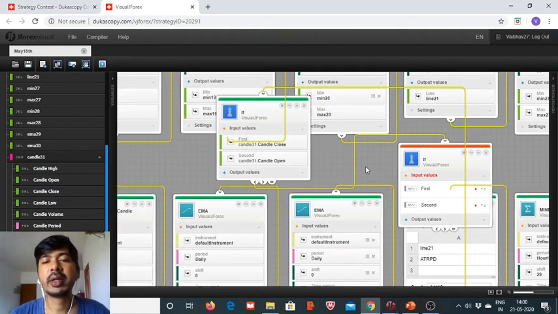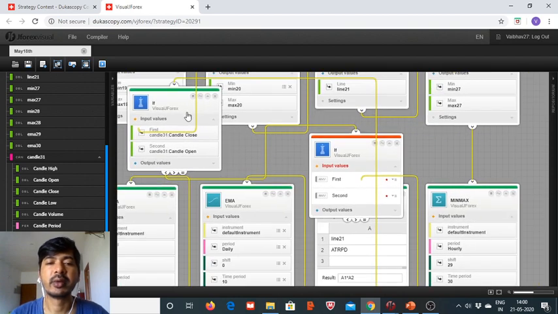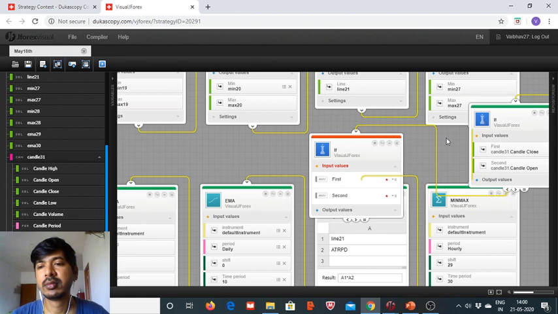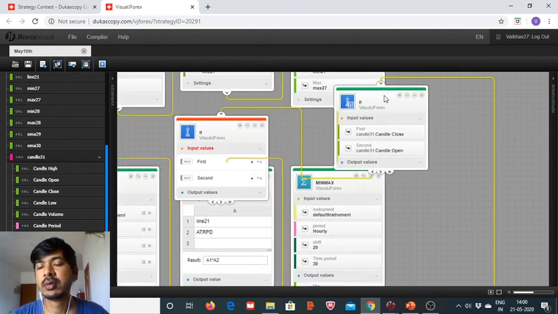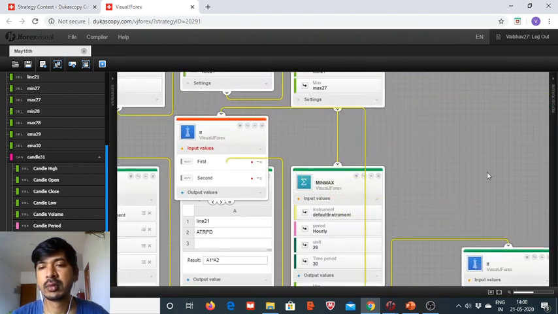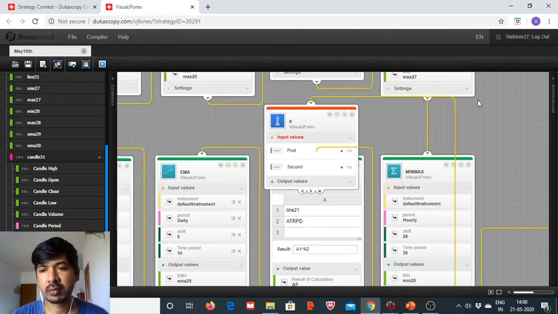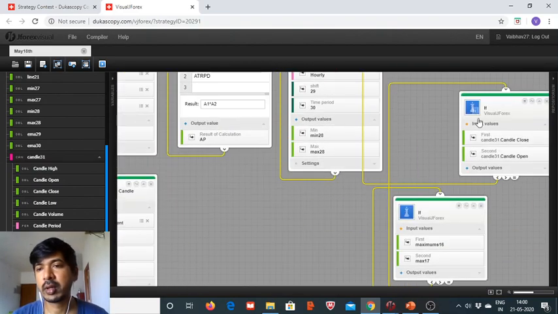Candle 31's closing is less than the candle 31's open price. Now let us first take these blocks to where they belong.